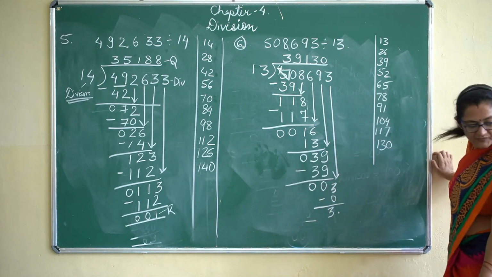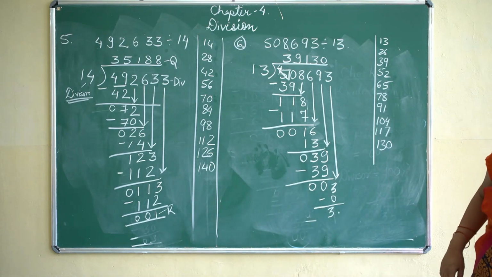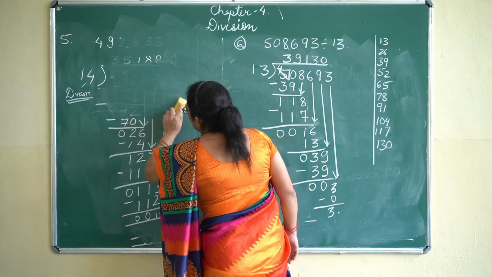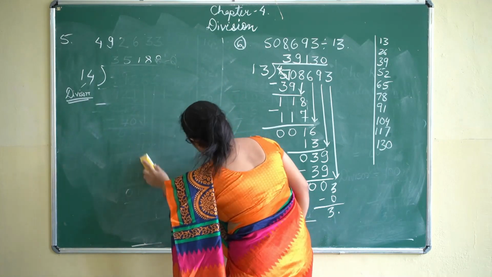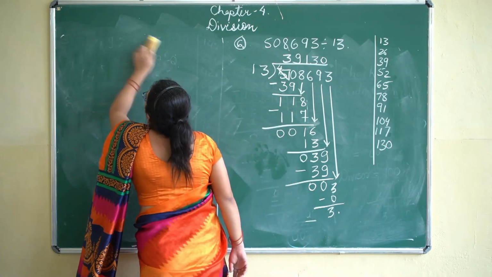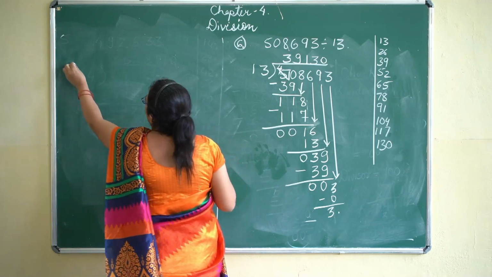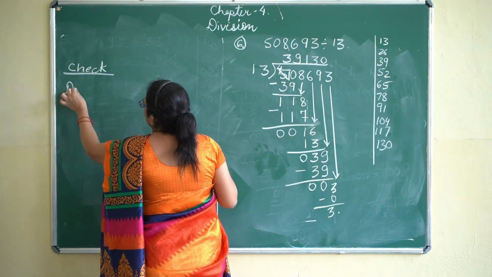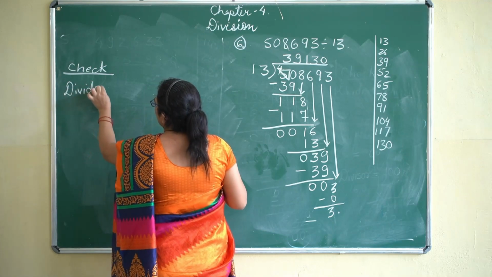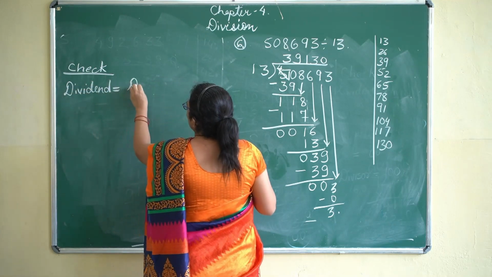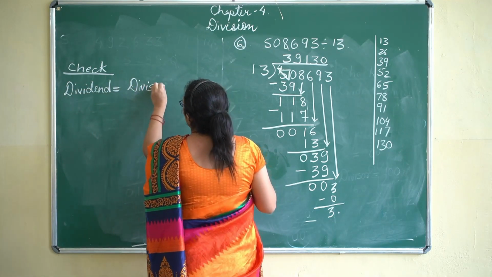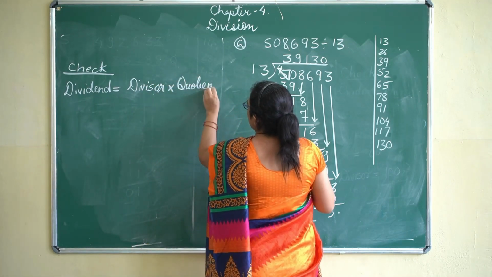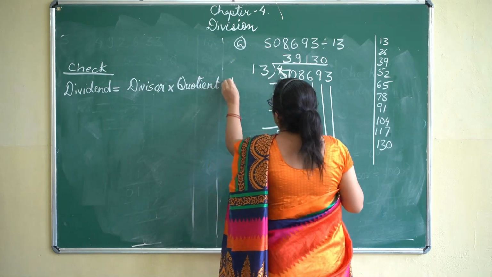Now what will we do? We will check this sum. How will we check? What is the formula for checking? Dividend is equal to divisor into quotient plus remainder.